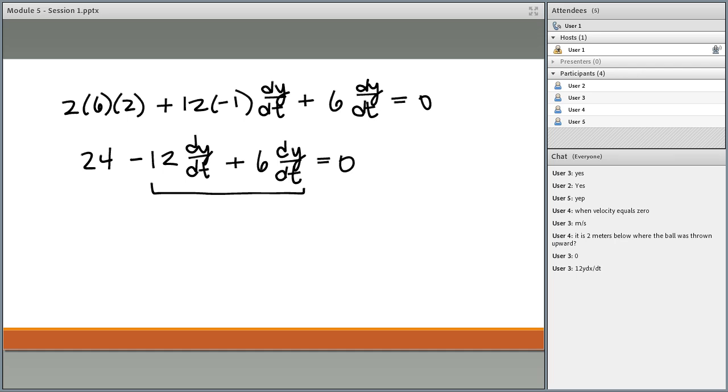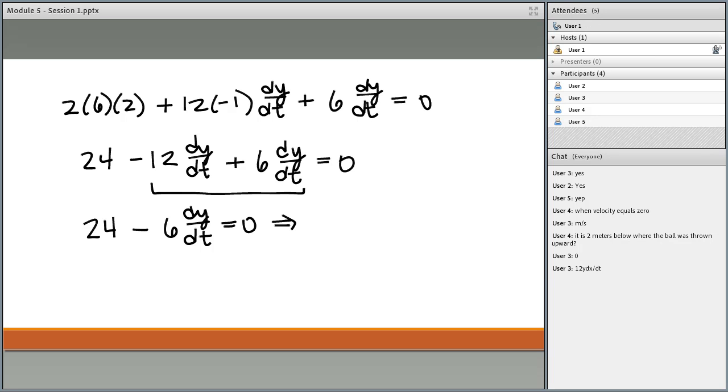So I can combine these two terms. So I'd have 24 minus 6 dy/dt. So I have -12 plus 6, so I get -6 dy/dt equals 0. And I can move either of these terms.